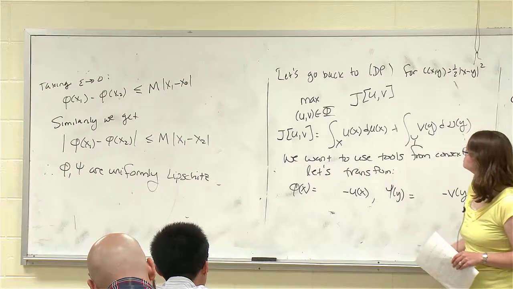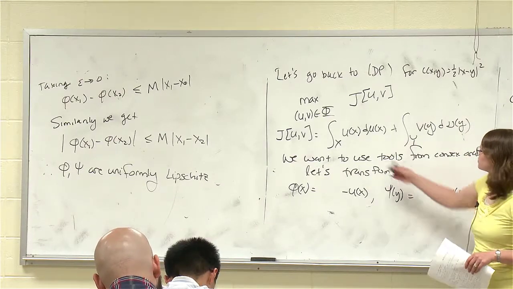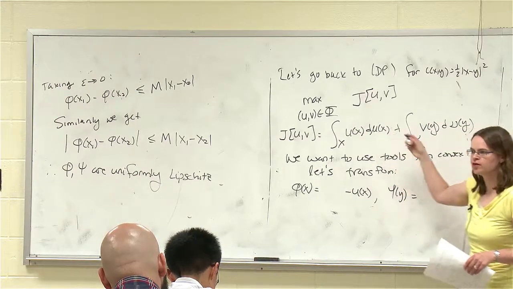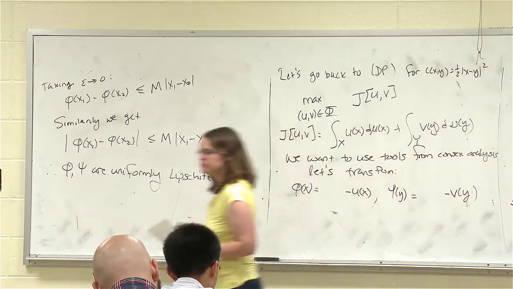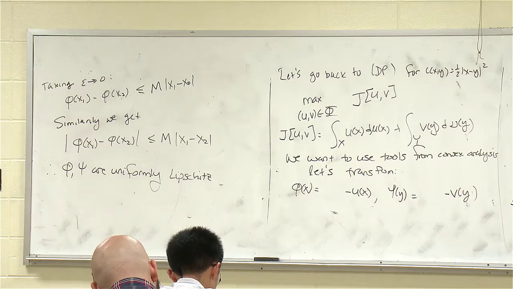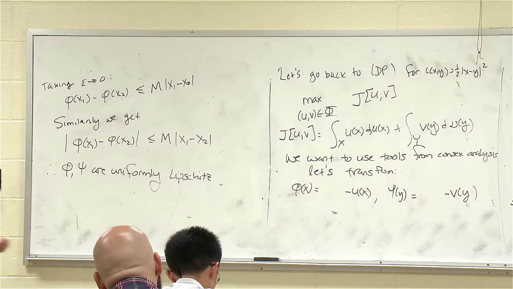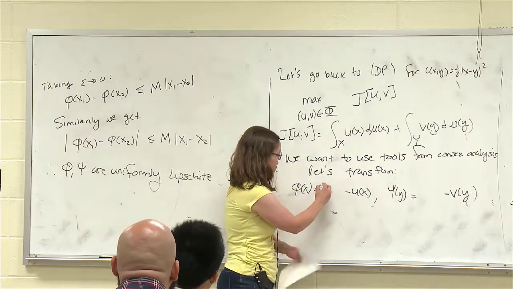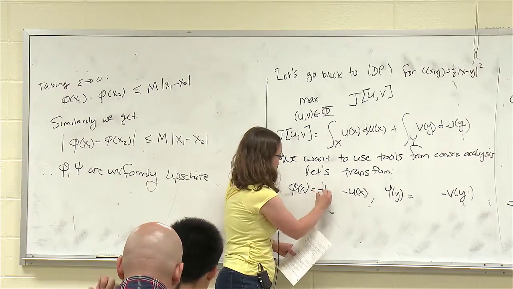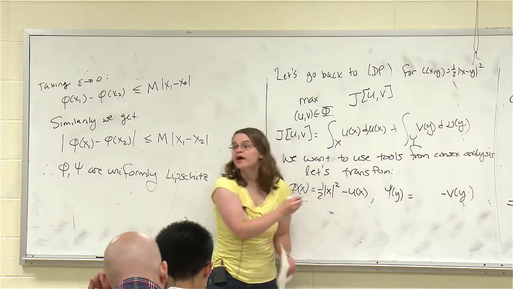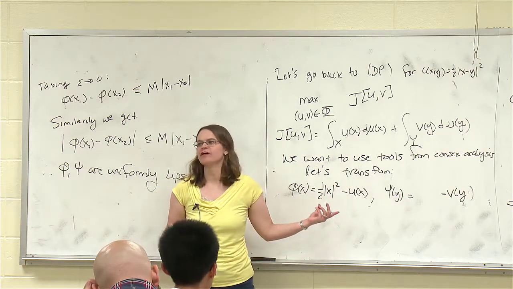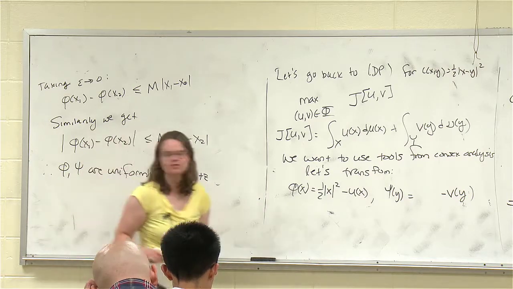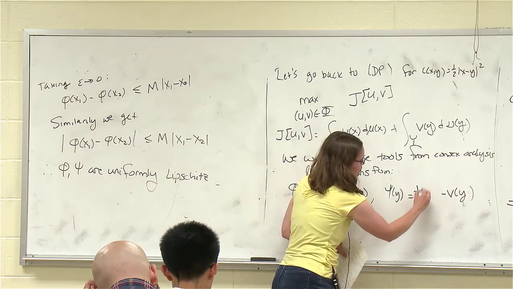Because if we're trying to maximize this with the u's, then hopefully we're trying to minimize it over the phi's and psi's. What I'm going to put here, and it'll be clear in the next line how this simplifies things, is a half x squared. Again, in the very next line, you'll see where this just lets things cancel out. It doesn't fundamentally change anything, but it cleans things up a little bit. And here a half y squared.